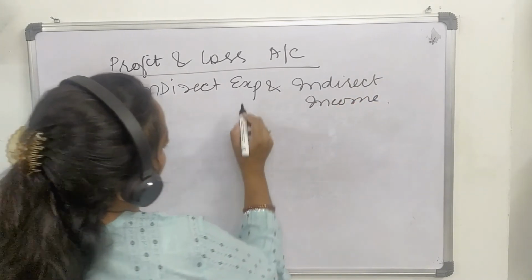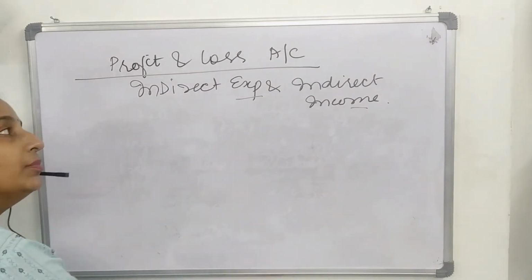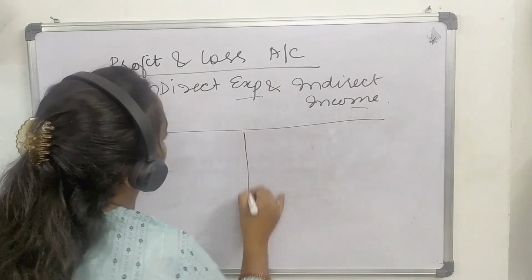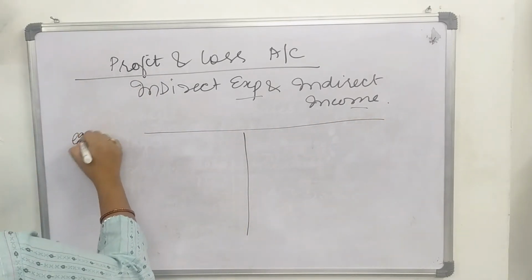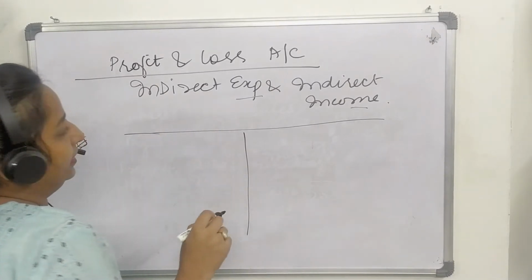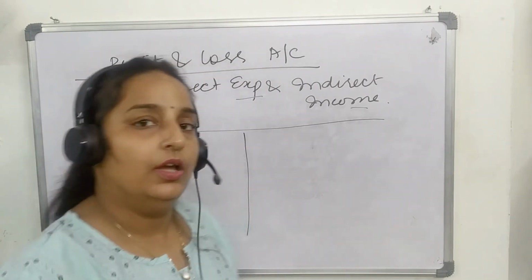Similarly, if expenses are more than income, it is net loss. In case the income is more than expenses, it is net profit. For example, what could be the indirect expense and indirect income? The expenses and income that are out of the factory gate, actually.